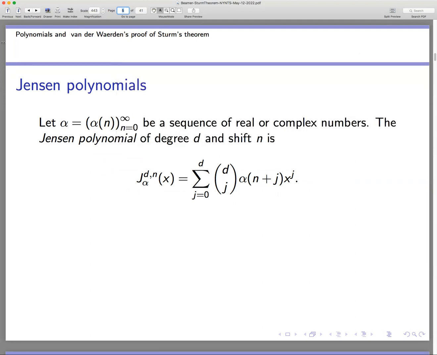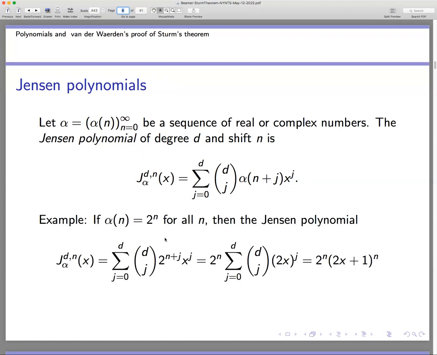And there seem to be, as in all of mathematics, aleph-null papers on the subject, and they've gotten attention in the last couple of years. Here's a very simple example. If alpha of n is 2 to the n, then you take the polynomial of degree d and shift by n, and it's this polynomial, if I did my arithmetic correctly.